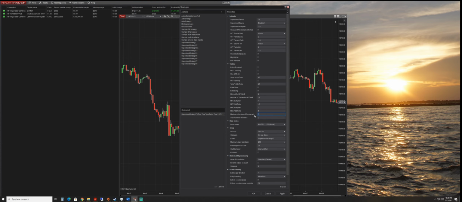Another example, let's say I set it up to 5. If it has 5 consecutive losses, then it's going to skip 3 trades and then start over again. And if it has another 5 consecutive losses, then it's going to skip 3 trades.